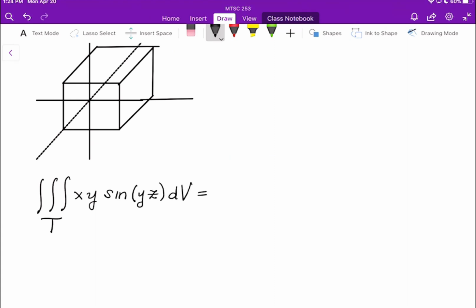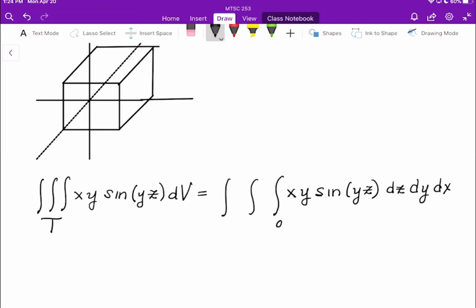So this is going to be xy sine of yz dz dy dx. So z is going to go from 0 to pi over 3, and then y goes from 0 to pi over 2, and x goes from 0 to pi.